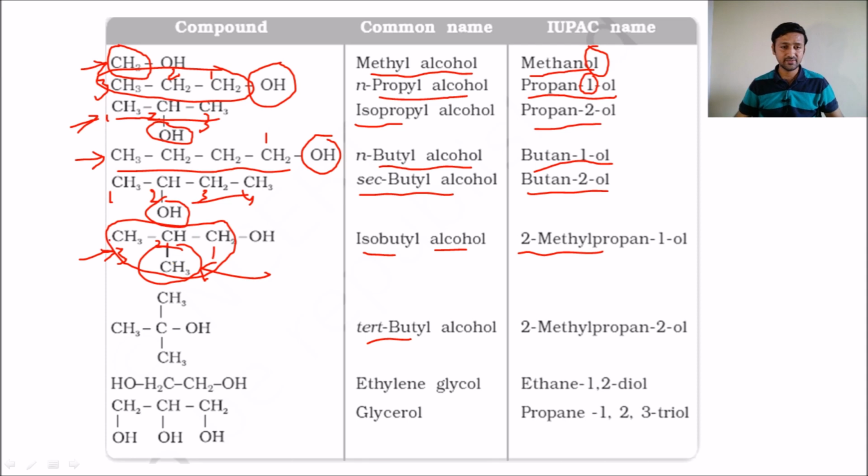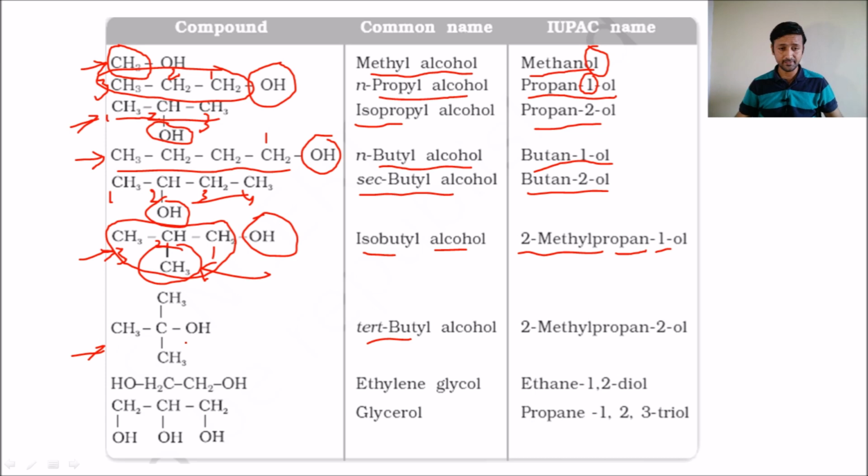Then it contains 3 carbons, so it should be propane, and OH is attached to the first carbon, so it is said to be 2-methyl propane 1-ol. So the IUPAC name for isobutyl alcohol is 2-methyl propane 1-ol. Let's go for the next one now.